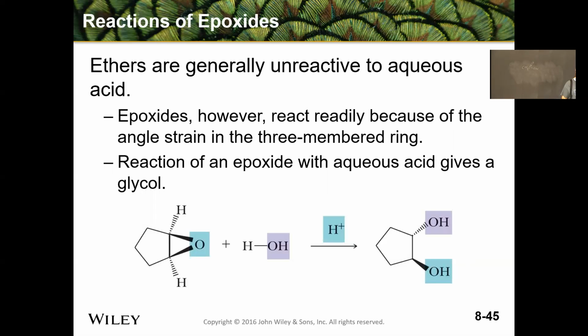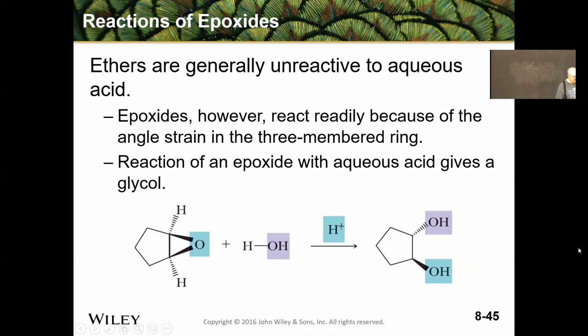Right, ethers are generally unreactive to aqueous acids. Epoxides, however, react readily because of the angle strain in the three-membered ring. Okay, so there's energy released when that ring opens up. The reaction of an epoxide with aqueous acid gives a glycol, or a 1,2-diol.